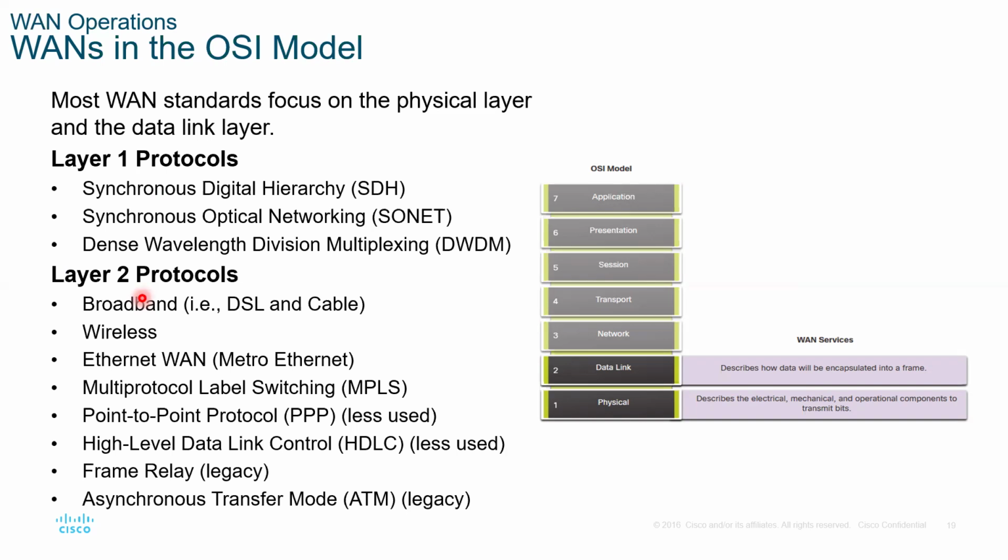Then layer two, we have broadband, DSL and cable, wireless, Ethernet WAN, multi-protocol MPLS, PPP, HDLC, frame relay. We no longer use that one that much. Then ATM. So those are some of the protocols, but basically layer one and layer two. With Ethernet, I think it operates in both layers instead of only one.